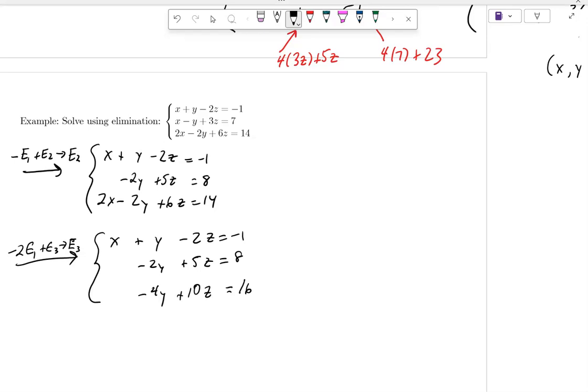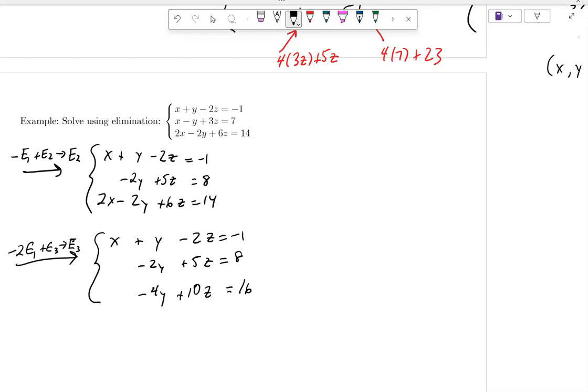All right, our next step, remember again, got a 1 here, got zeros here, right? Our next step is to do the same thing with a y in the next equation. Get a 1 here. What do I need to do to that to make it a 1? Just divide it by negative 2, right?